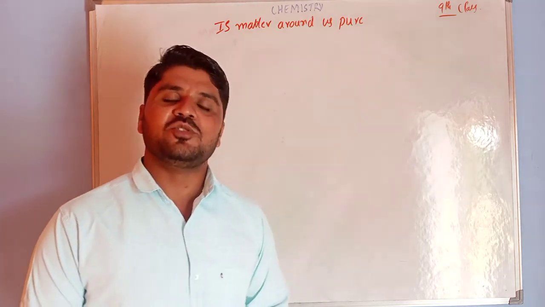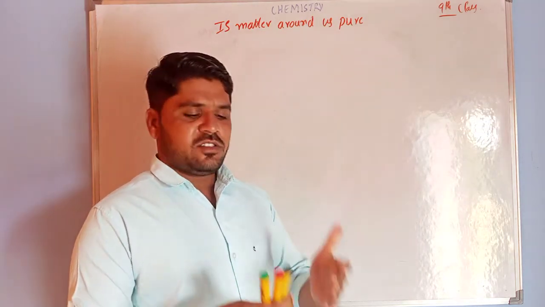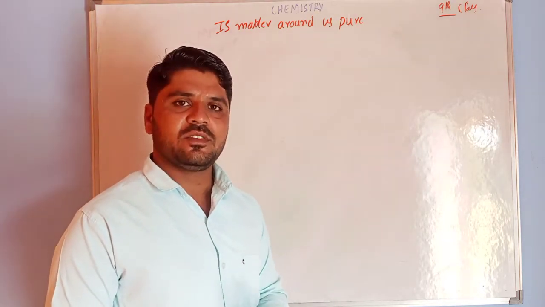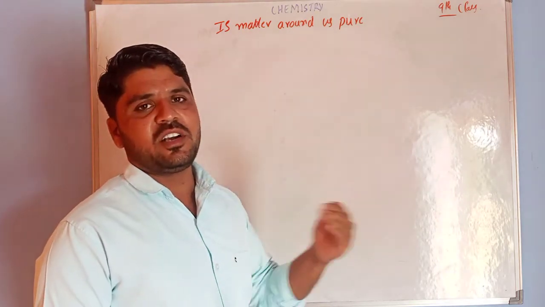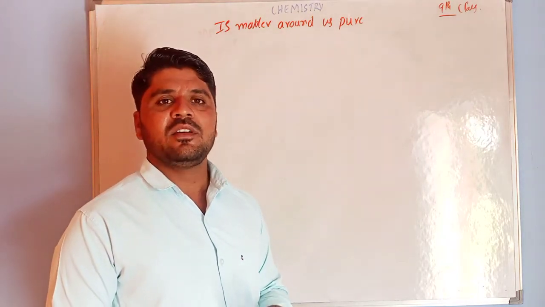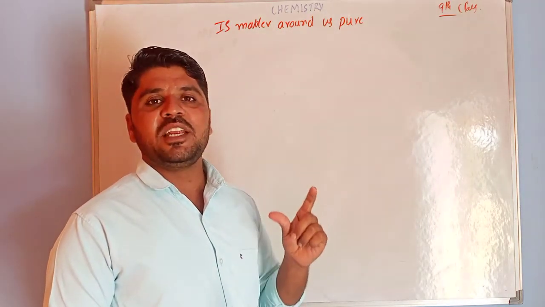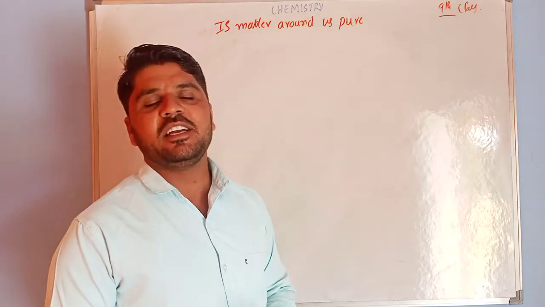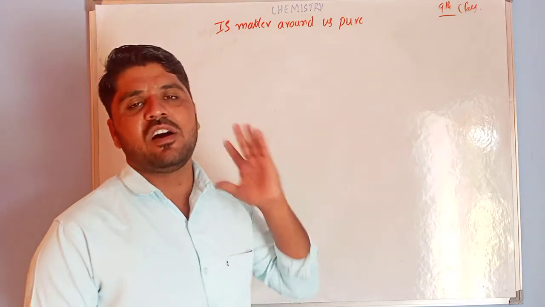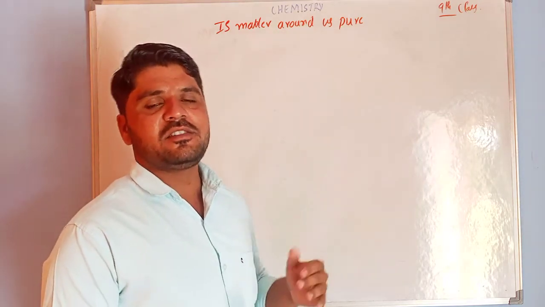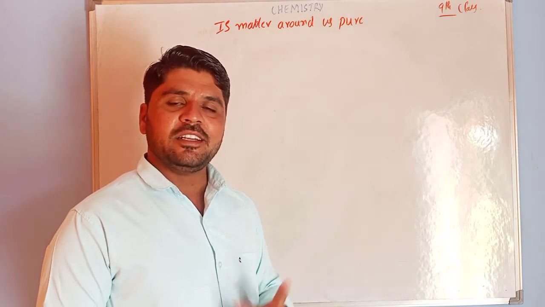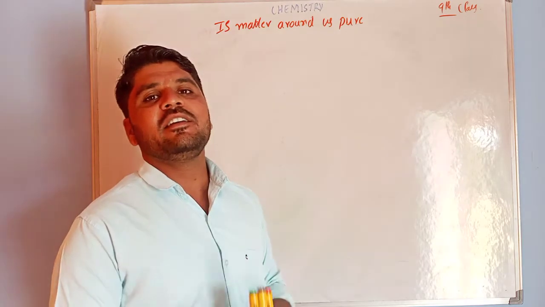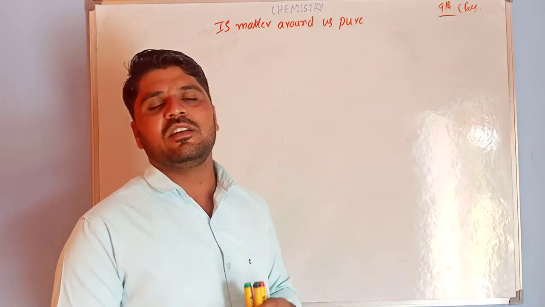Or simply, solvent plus solute is called a solution. Solute is the substance present in the minimum quantity in a given solution. Next is solvent. It is the substance present in the maximum quantity in a given solution.